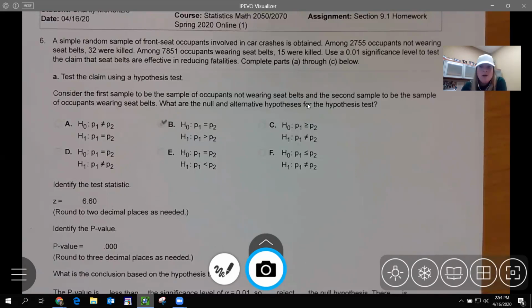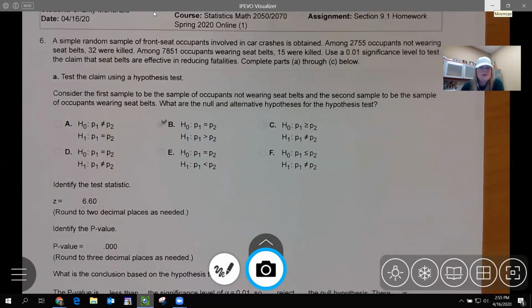So for this one, we're saying the first sample given has a greater number of casualties than the people wearing their seatbelt. So we picked greater. But what does your null always have to have? Equal, okay? So notice we have p1, p2. So we're saying sample 1 and sample 2. Then what are we going to do from here? So I'm going to minimize this.